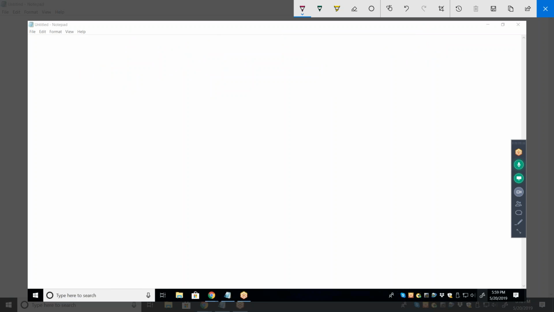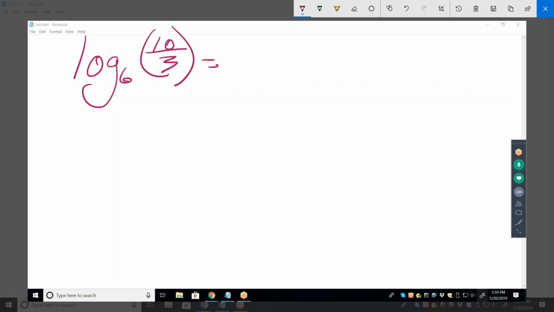Log base 6 of 10 over 3 equals what? Let's see. So that's going to subtraction.